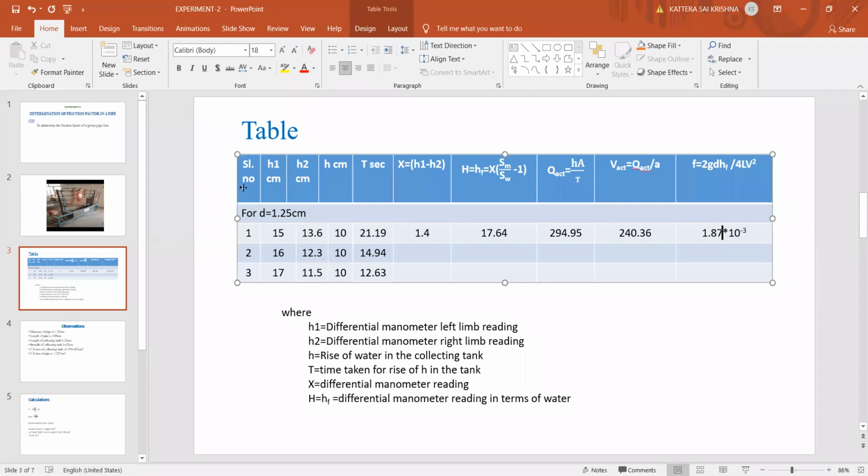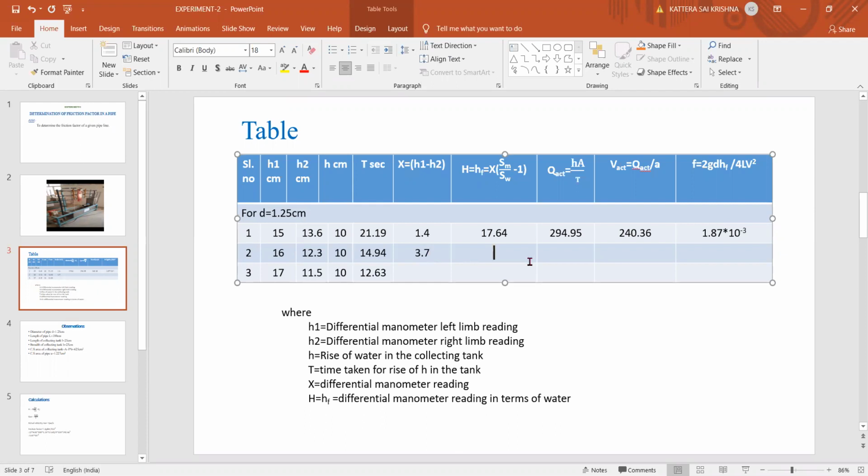Right. Go for the second calculation now. So 16 minus 12.3 is 3.7.